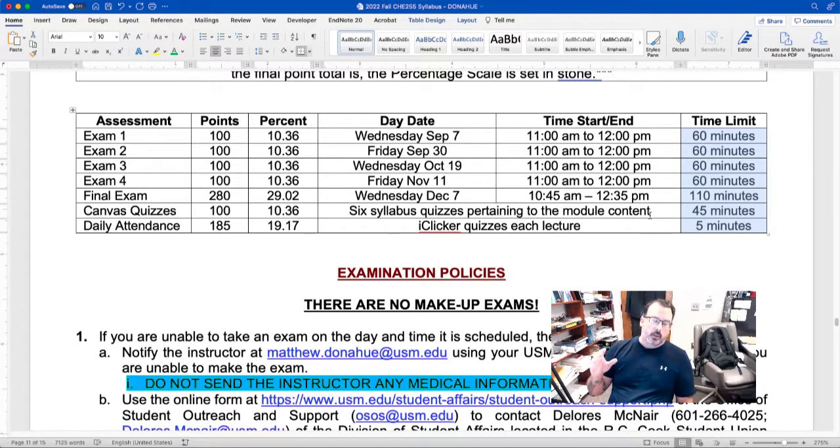So the warning with that is you must be present in lecture to participate in the required quizzes and the bonus questions. And you have to use your iClicker app. If you're not present, or if your app's not working, you're not going to get those points because it has to be recorded electronically.